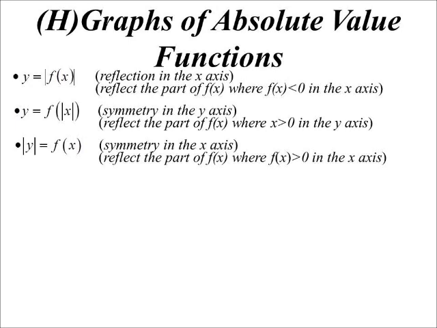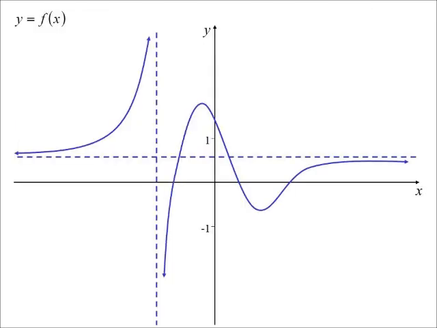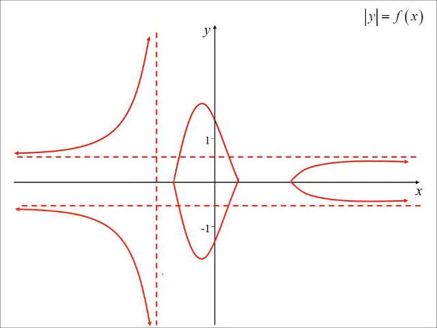Because we're saying absolute value of y is equal to function x. So y can be both plus or minus. So here's random curve. The bit below disappears, but this time the bit above gets reflected below.